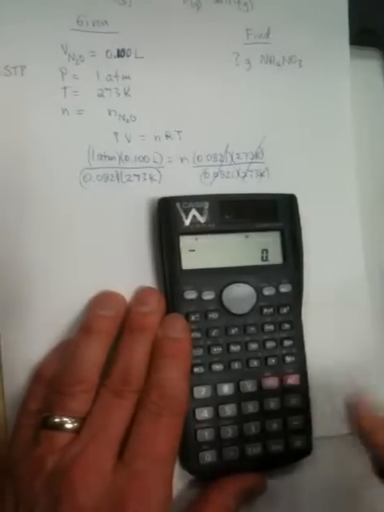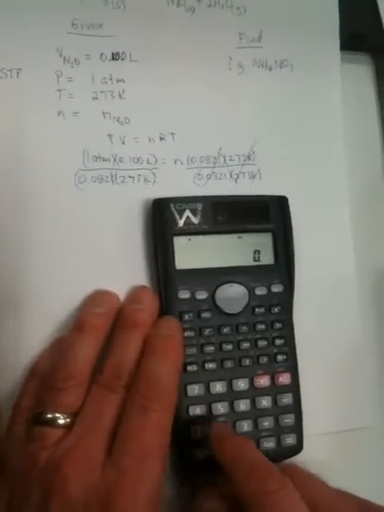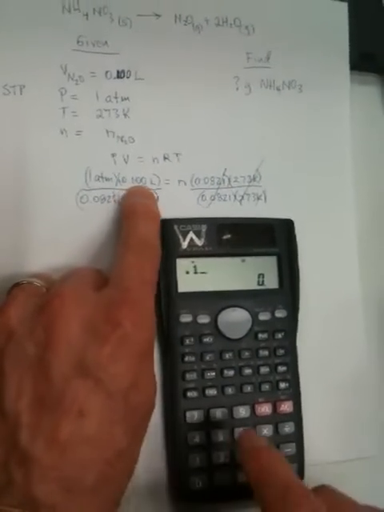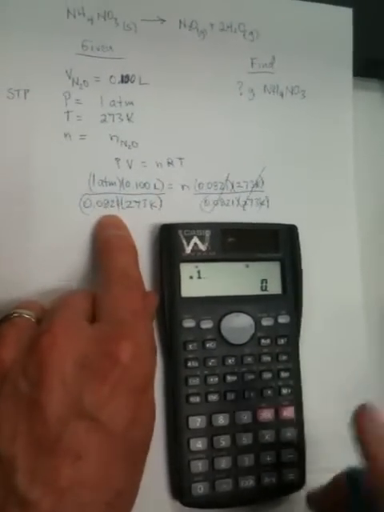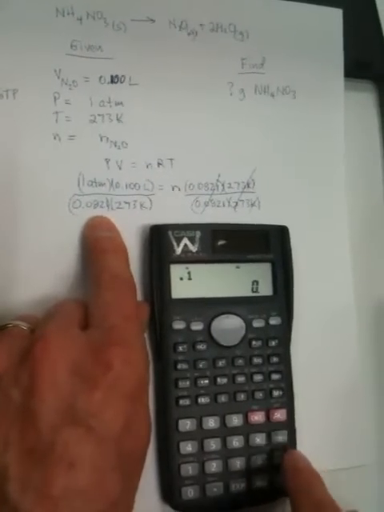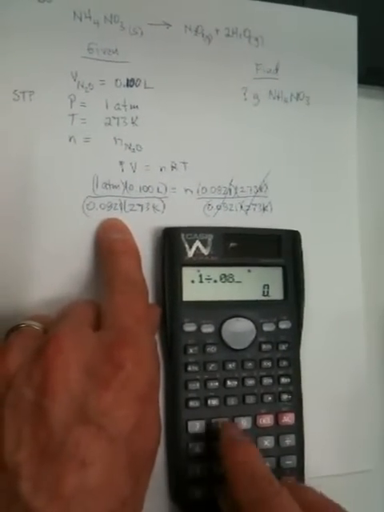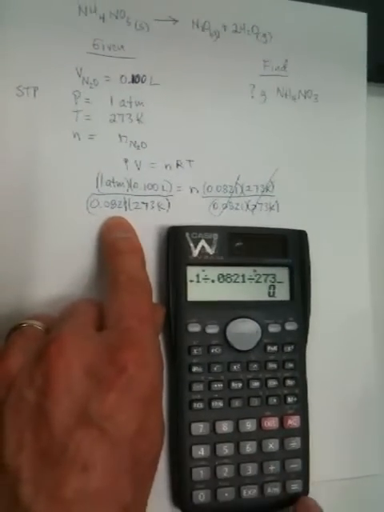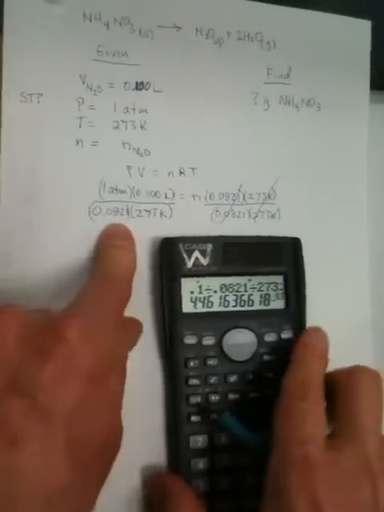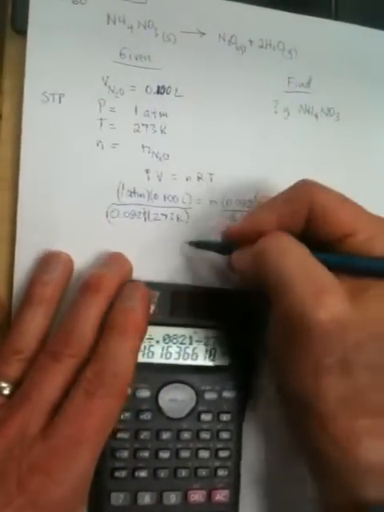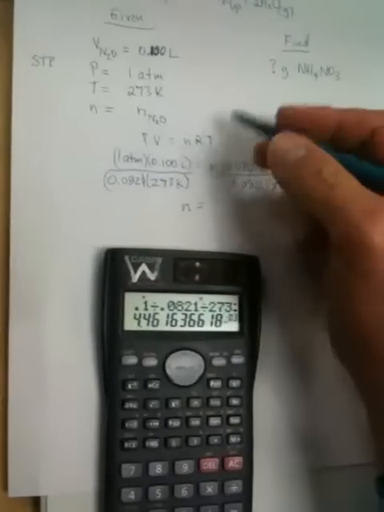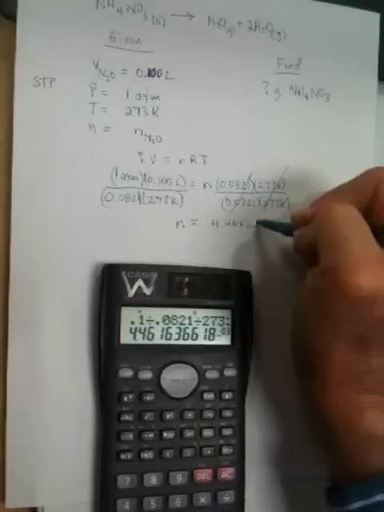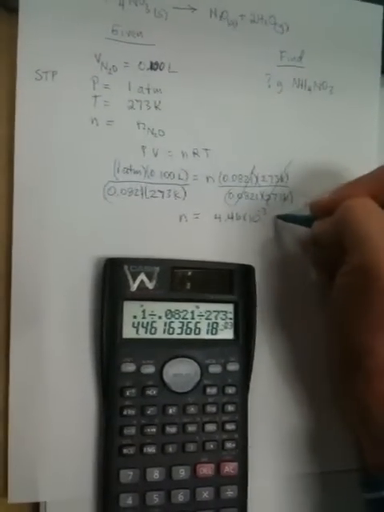And let's go ahead and run it. We've got 1 atmosphere times 0.1, and you don't have to put in the double zeros. The calculator doesn't know the difference. Now we divide by 0.0821, divide one more time by 273. And the number we get is n equal to 4.46 times 10 to the minus 3, according to the calculator.